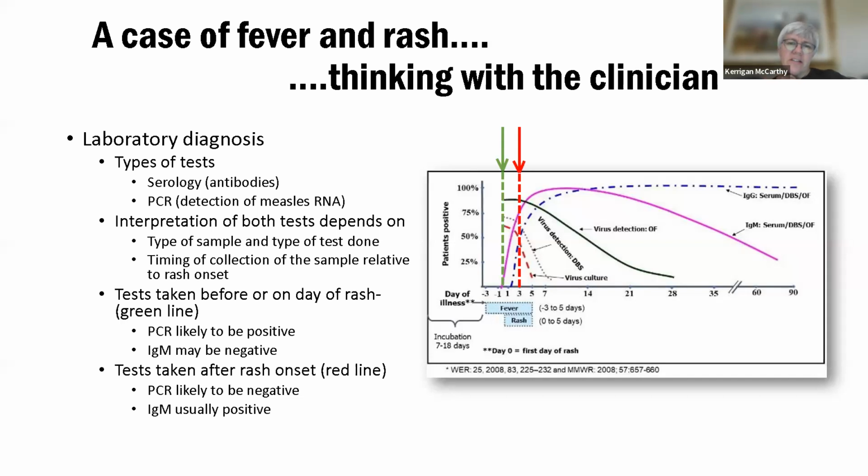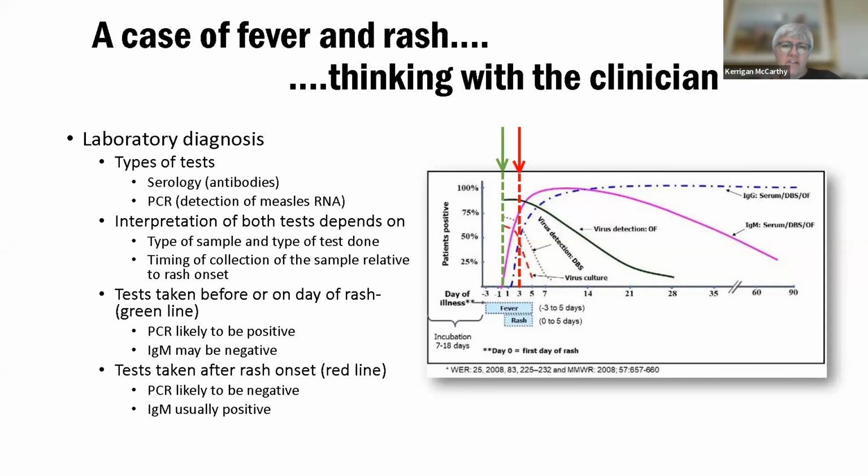And what you'll notice is that at point 0, on the day of onset of the rash, which is the green line, the proportion of patients who have a positive PCR test, in other words, virus detection in OF, which stands for oropharyngeal swab, will be very high. It will be almost 100%.